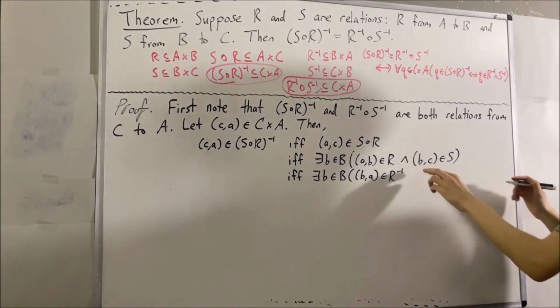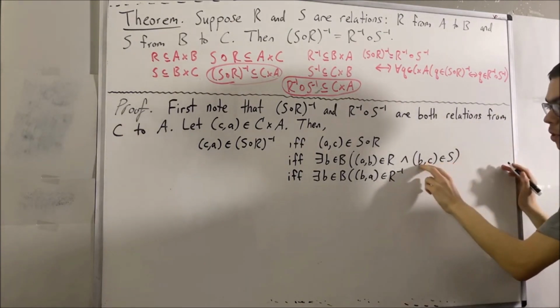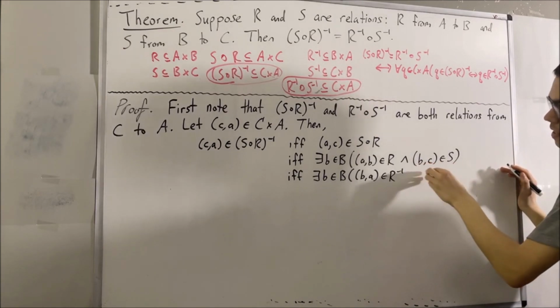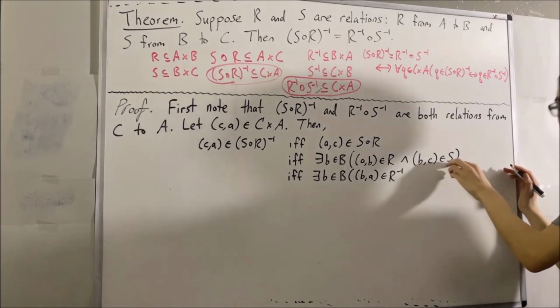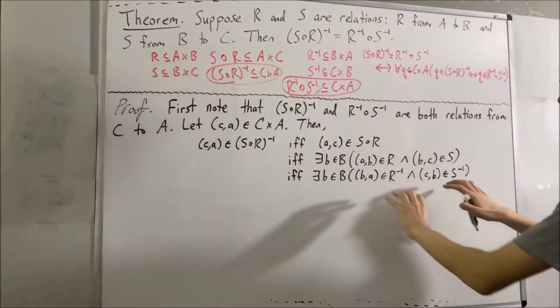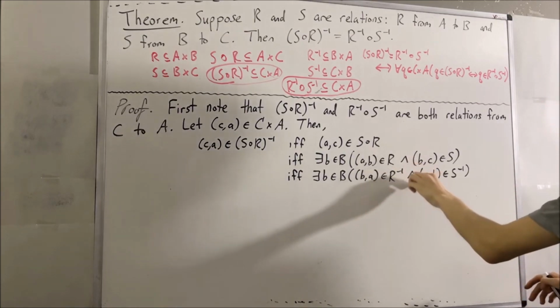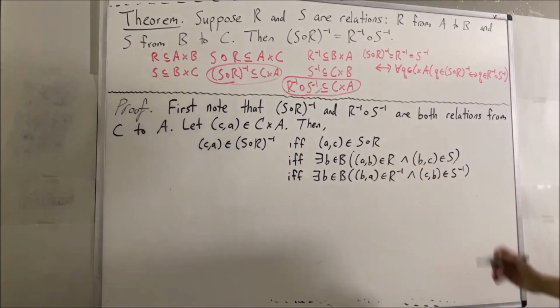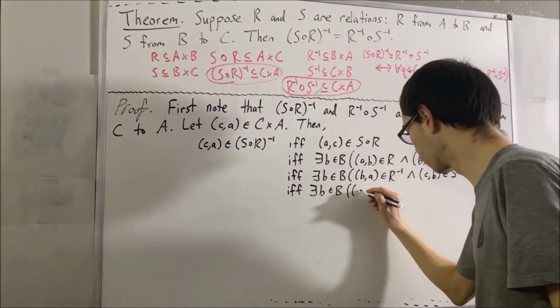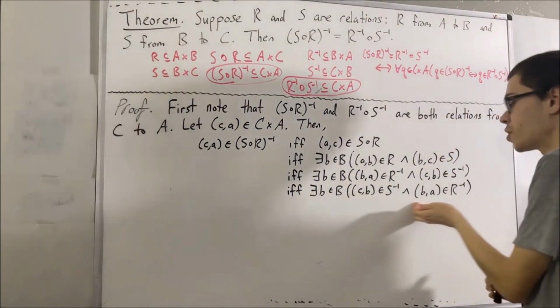And similarly, to say that B comma C is an element of S is equivalent to if we swap the order of B and C and write that C comma B is an element of S inverse. Okay, so next I'm just going to swap these two statements around. Right, conjunctions don't care about the order of their statements. Okay, so this is where we're at.